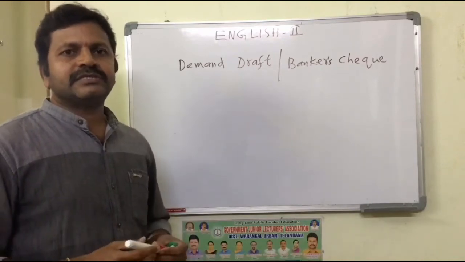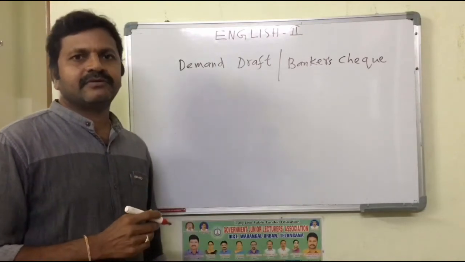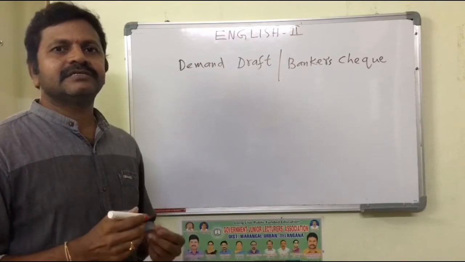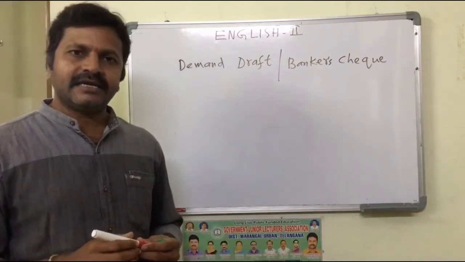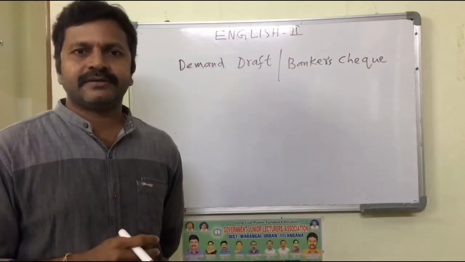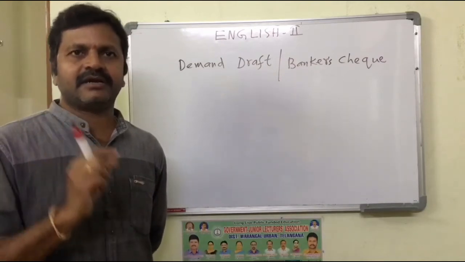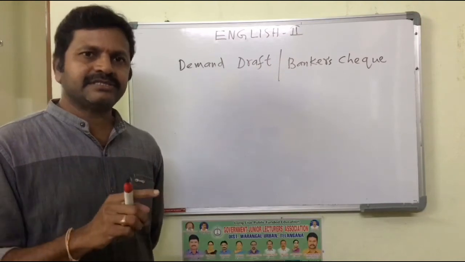Before going to see a model demand draft application form, let me explain why a DD or demand draft is taken. If you want to apply for MCET or any other competitive examination, you are asked to pay the examination fee through a demand draft. Then you have to take a demand draft in a bank branch near your area.